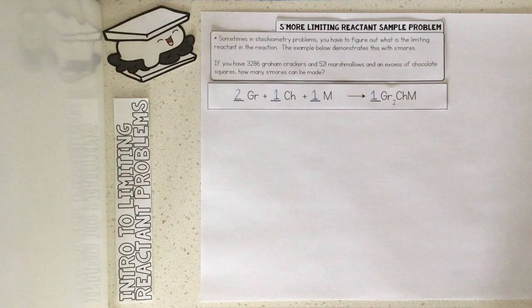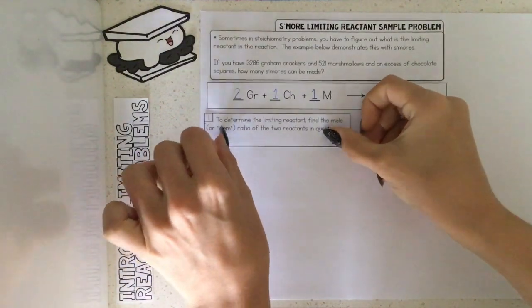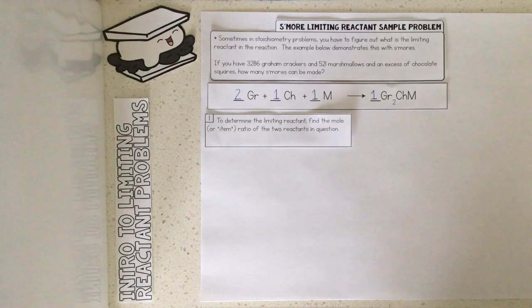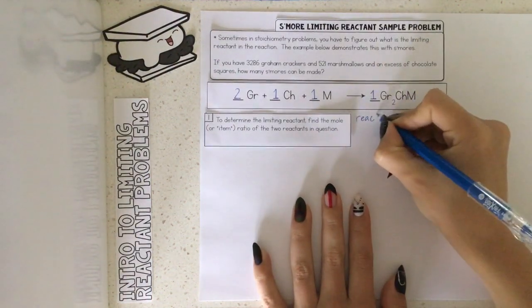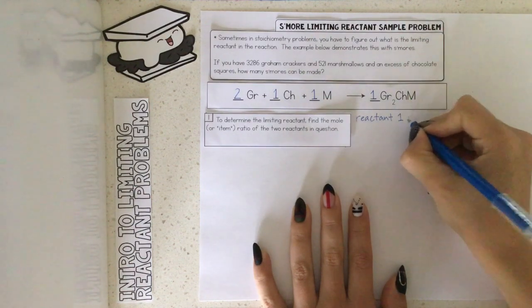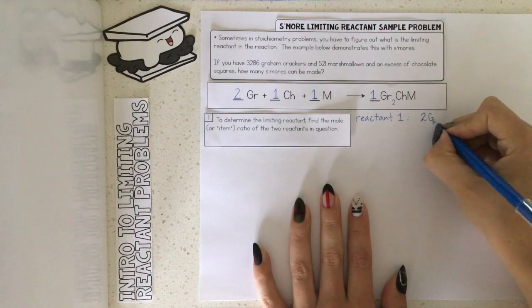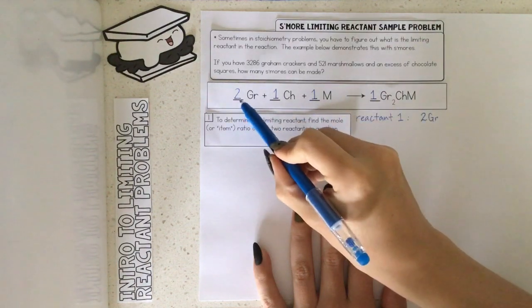The first step to determining the limiting reactant is to find the mole ratio. The mole ratio of the 2 reactants in question. For us, it's graham crackers and marshmallows. The mole ratio is given to us as the coefficients. So reactant 1 will be our graham cracker. And we need a 2 here because the coefficient here is 2.